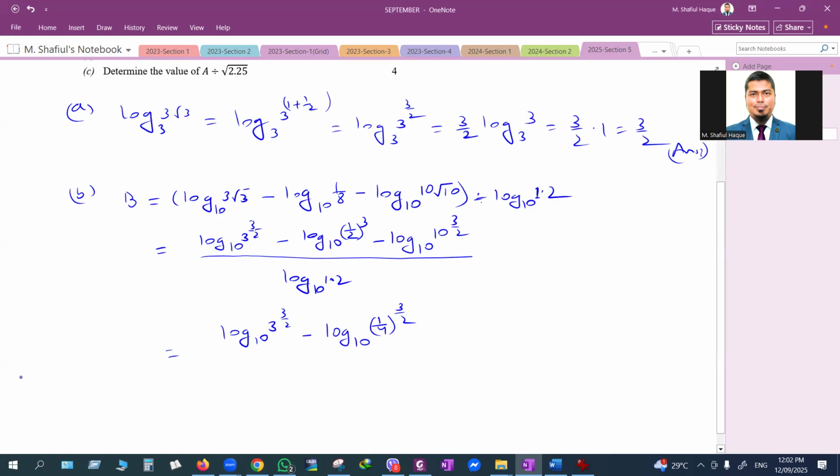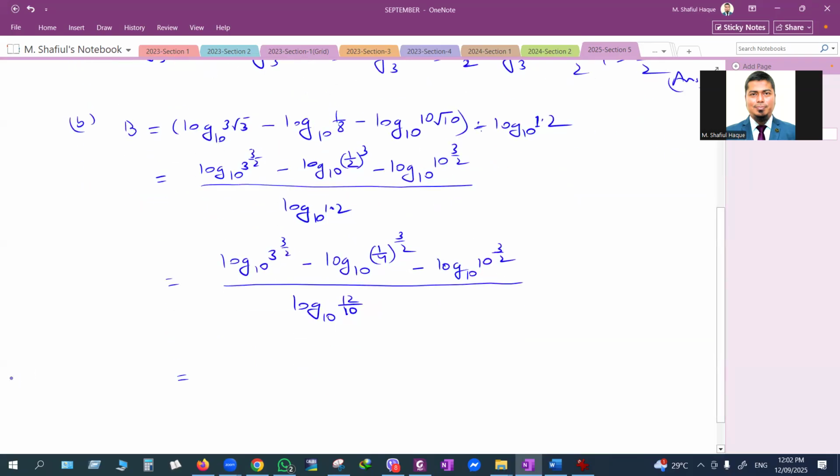So you can write minus this. Then the denominator can be written as log 10 of 6 by 10. So in the numerator, we can take common 3 by 2. So it can be written as log 10 of 3. 1 by 4 can be written as 2 to the power minus 2.